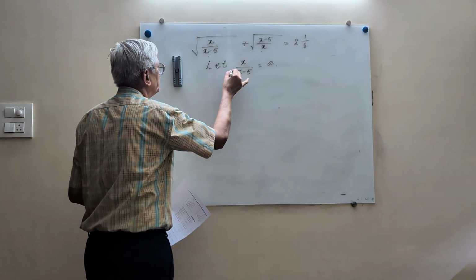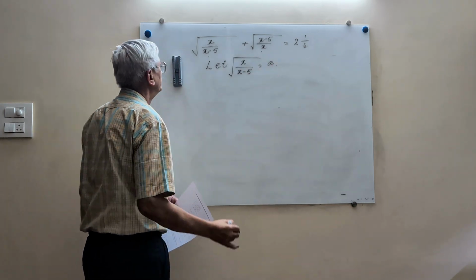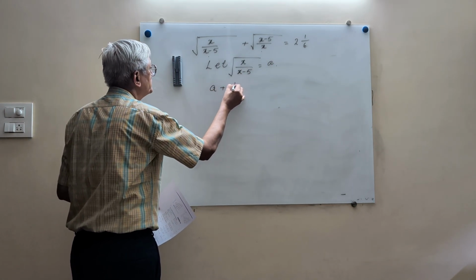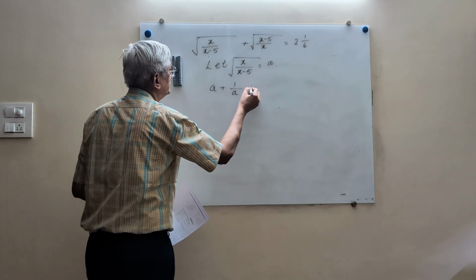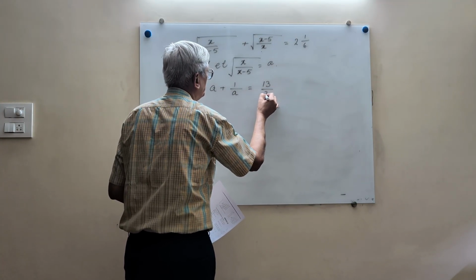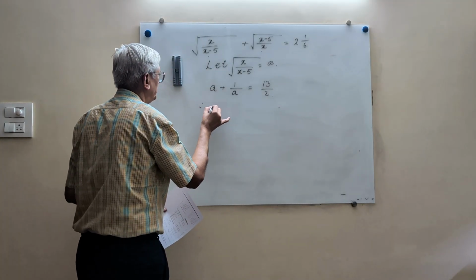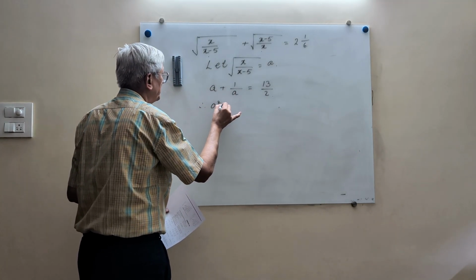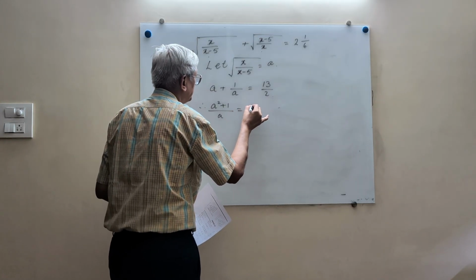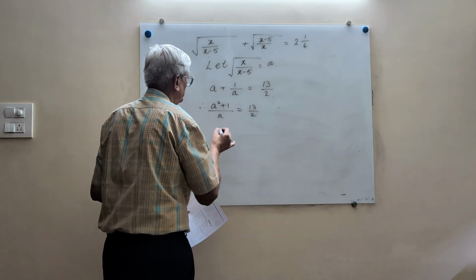Under root x upon x minus 5 is equal to a. So what will come now? a plus 1 upon a is equal to 13 upon 2. Therefore, a squared plus 1 upon a is equal to 13 upon 2.